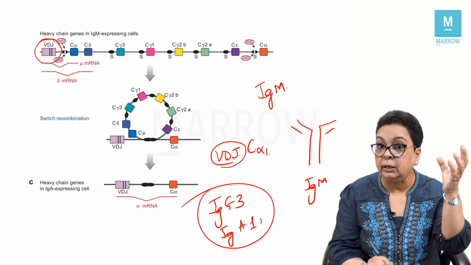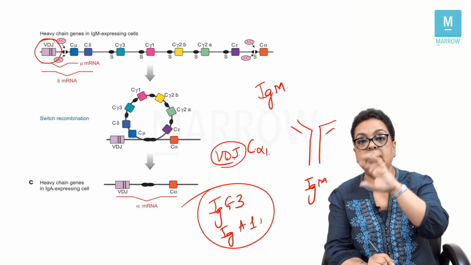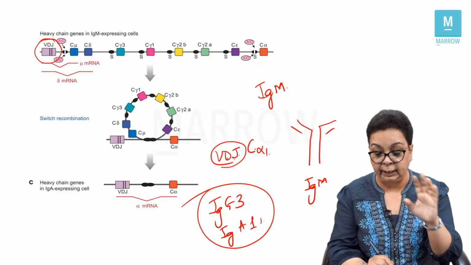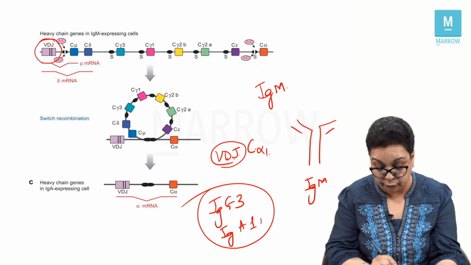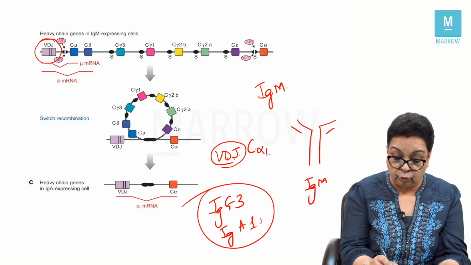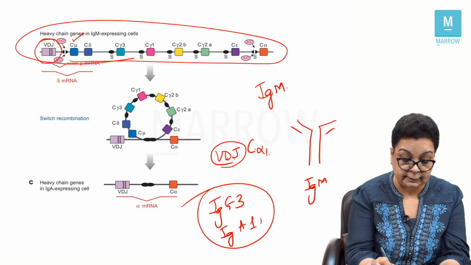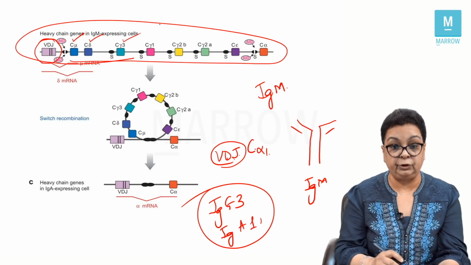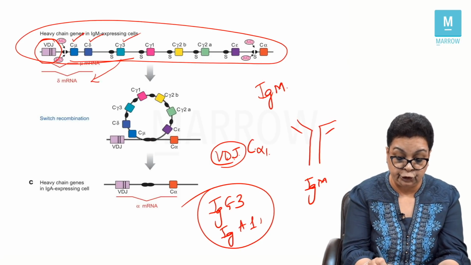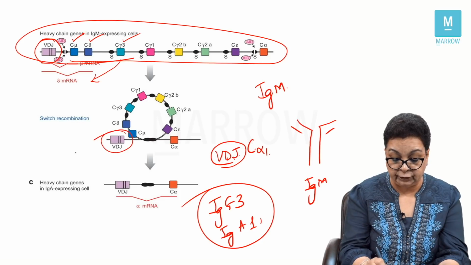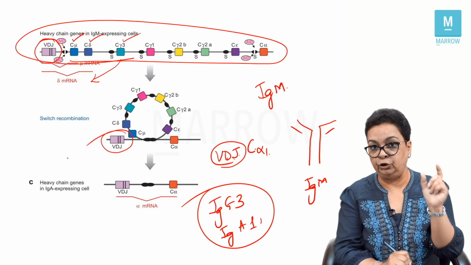The variable part remains the same. The class is getting switched, right? So this is isotype switching. Those are the multiple genes present on the heavy chain gene locus: C mu, C delta, gamma 3 and so on. Either of these genes gets switched with the same variable gene.